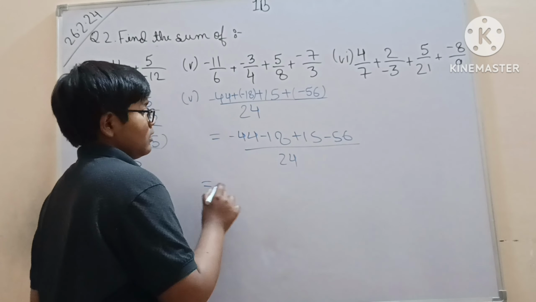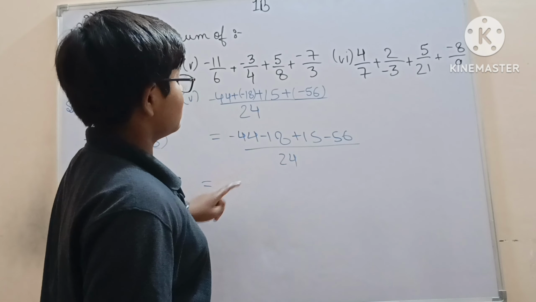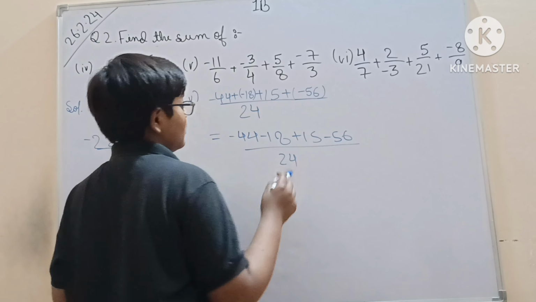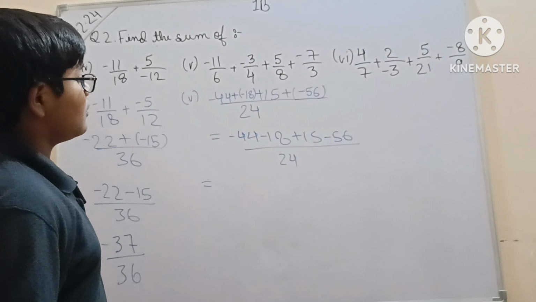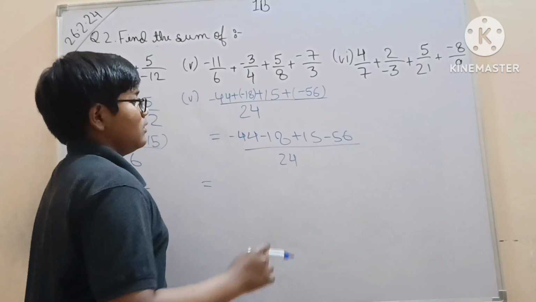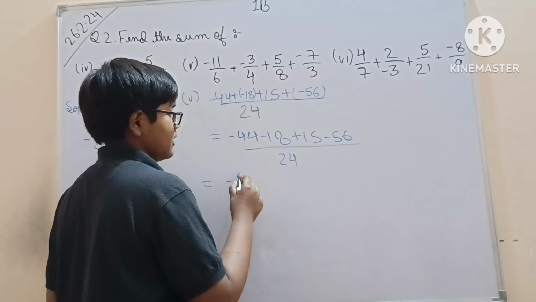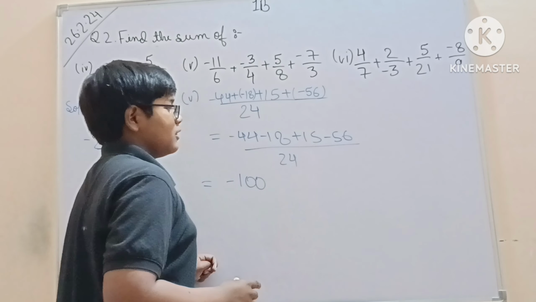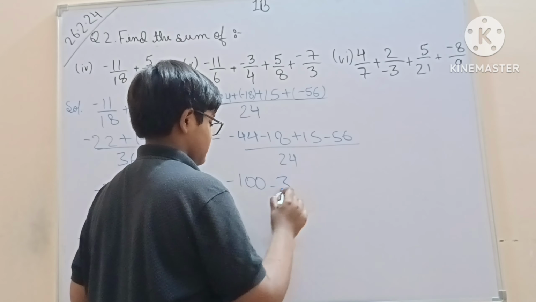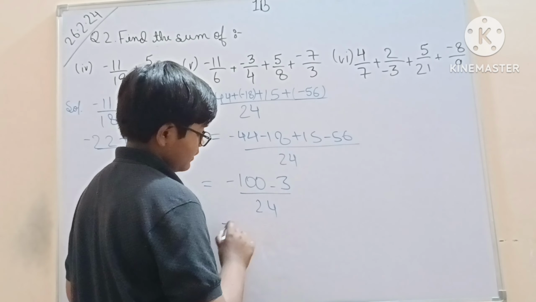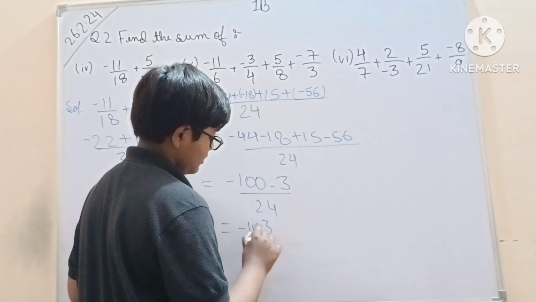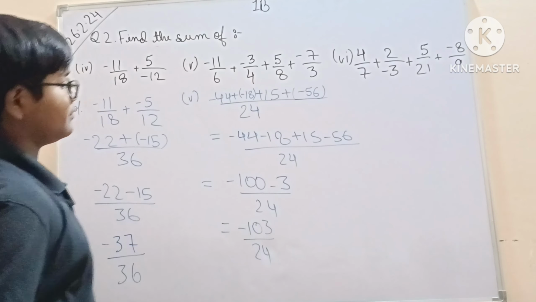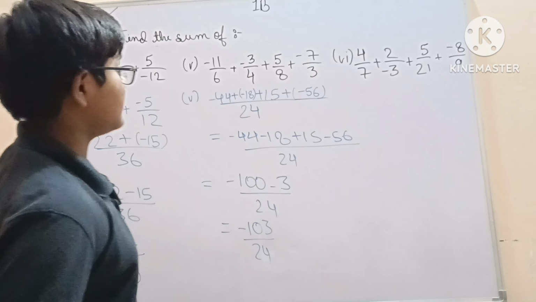Now 56 plus 44 will become minus 100, and minus 18 plus 15 will become minus 3, divided by 24, which will become minus 103 divided by 24. So this is our answer of the fifth part.